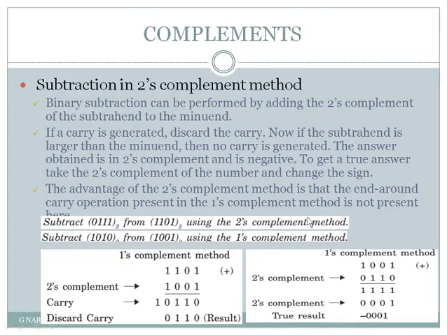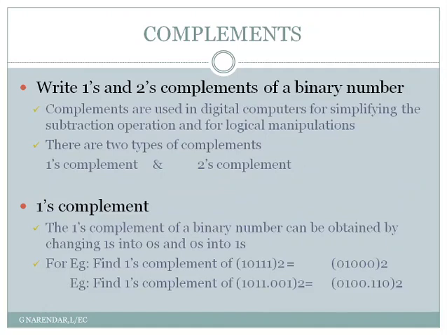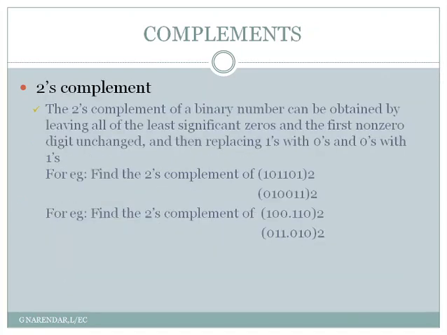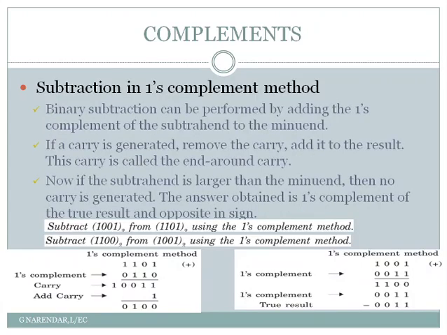So far we have learned various concepts in complements: what the various complements are that we can apply on a binary number, what is meant by a complement, and how it simplifies the subtraction operation. We have seen how to write a ones complement and a two's complement for a given number, and how complements can be applied to simplify subtraction.